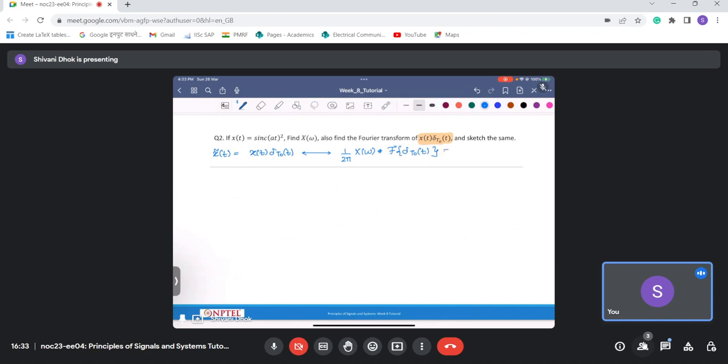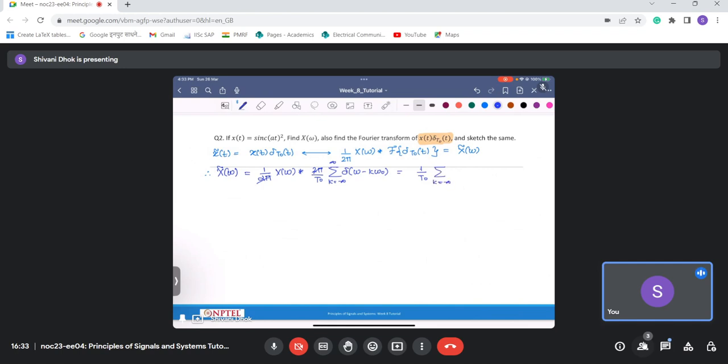So let us write that down. This is x tilde of omega. So therefore this x tilde of omega comes out to be 1 over 2 pi x of omega convolved with 2 pi by t naught summation k running from minus infinity to infinity delta of omega minus k times omega naught. This 2 pi gets cancelled. This is 1 over t naught summation k.